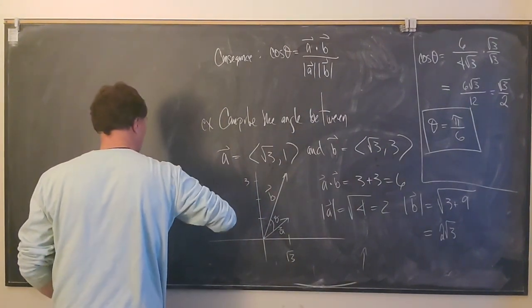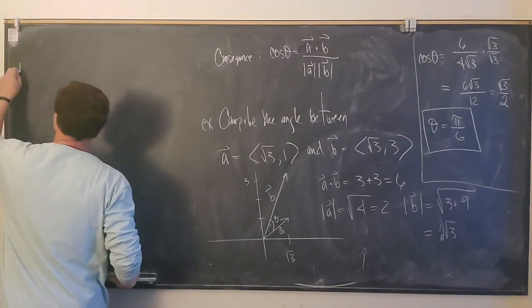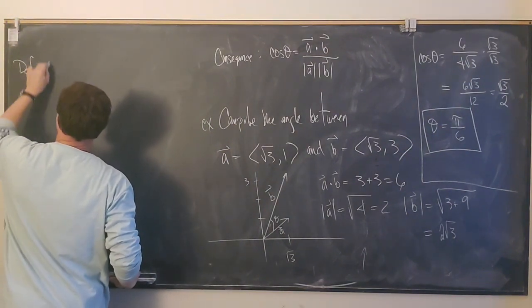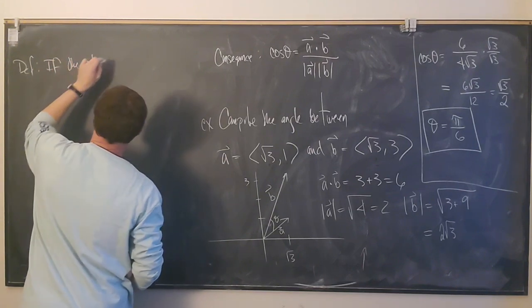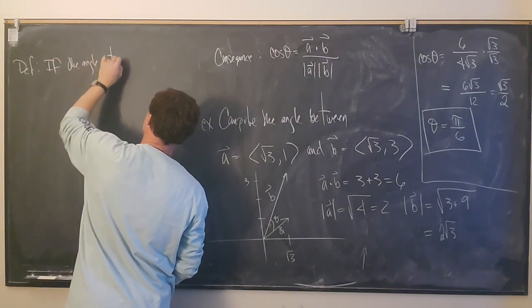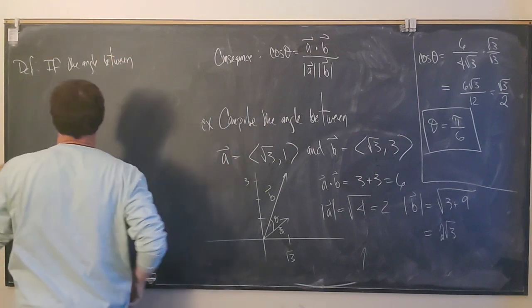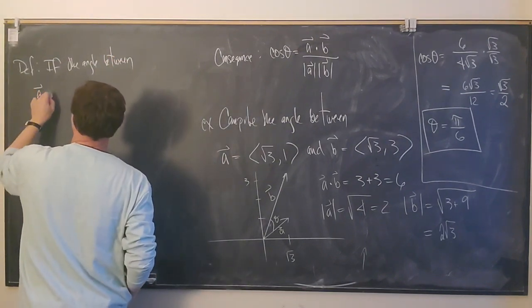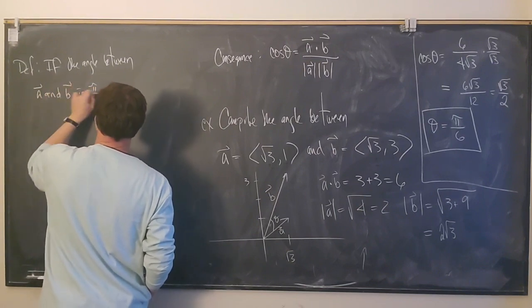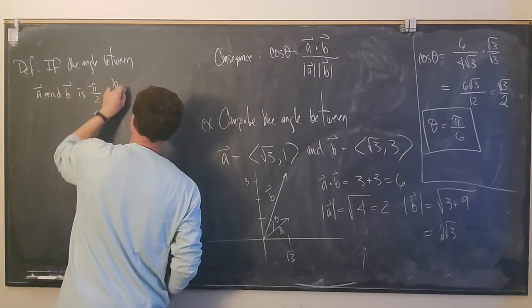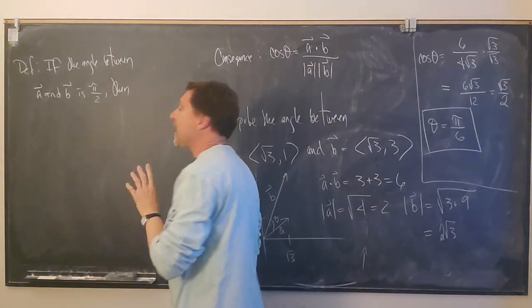Now, a piece of terminology here. If the angle between two vectors, so let's say A and B, is pi over 2, then what we say is that A and B are orthogonal.